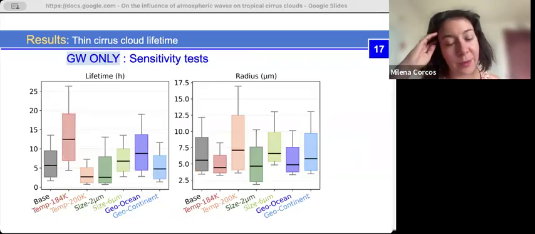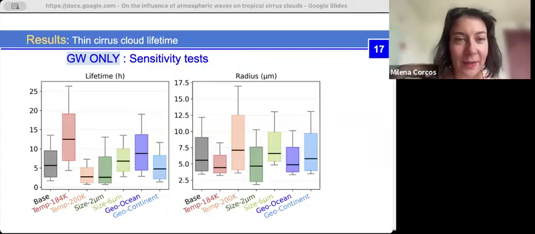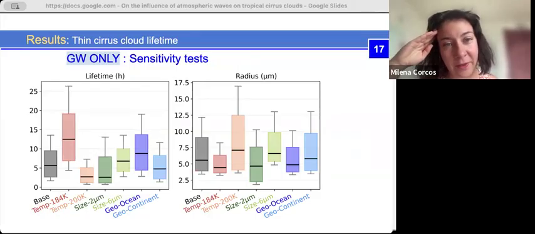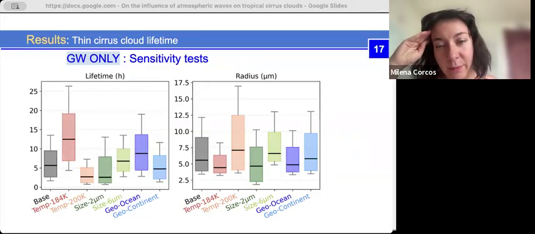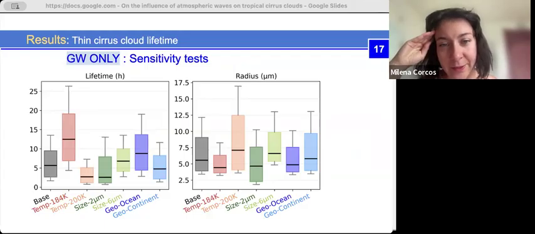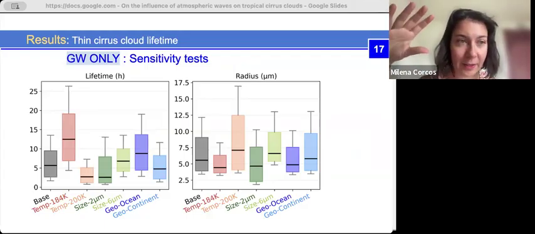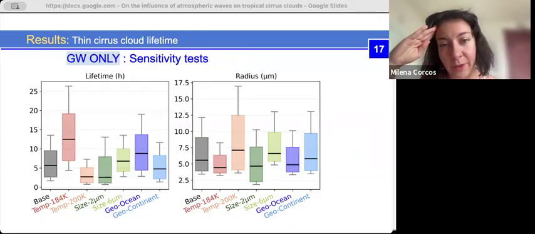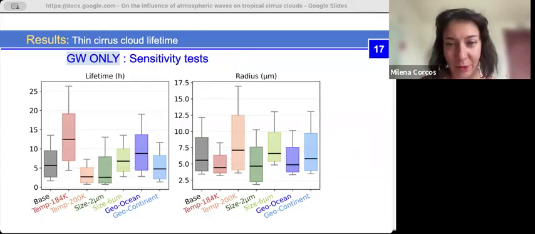Last, we wanted to question whether this stabilization mechanism changes if we change environmental conditions and gravity wave activity. So I'm showing here just lifetimes for different sensitivity test scenarios. Base is the scenario I just showed. Temperature, we changed the background temperature.